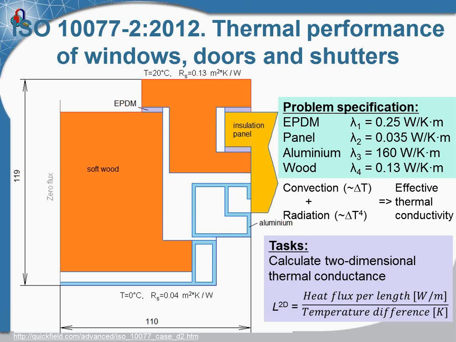The ISO standard recommends to adjust the thermal conductivity of the air so that the conductive flux will also include the radiation and the convection heat flux components. The procedure is described in detail in the standard.